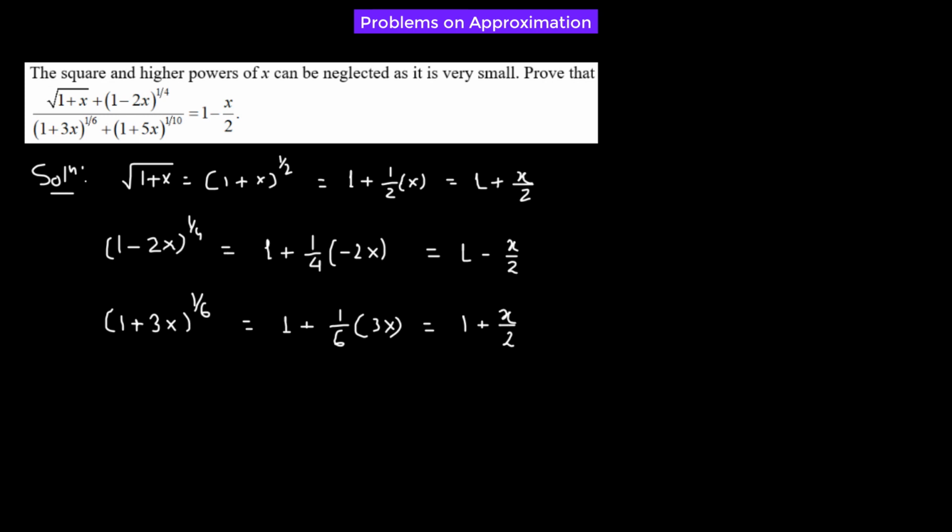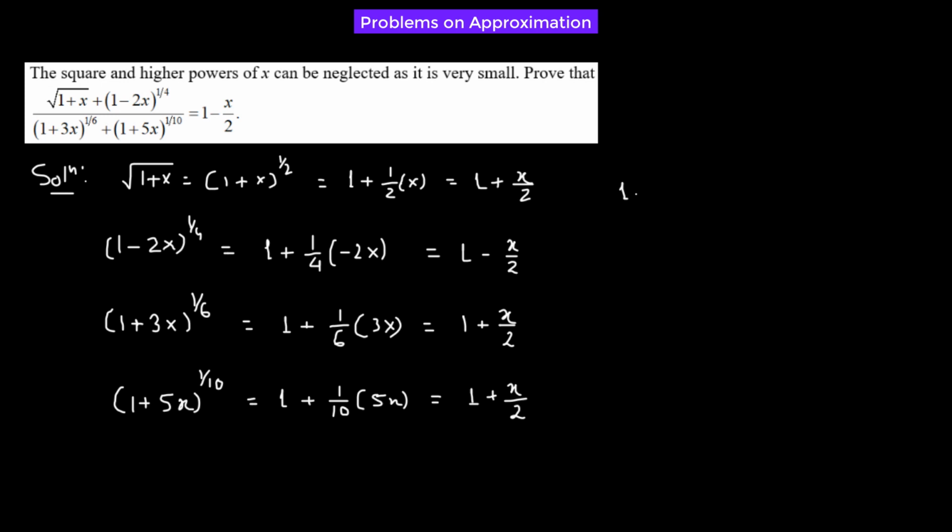And the final expression in the denominator is 1 plus 5x raised to the power 1 over 10. So this will be equal to 1 plus 1/10 multiplied to 5x, which will be equal to 1 plus x over 2.